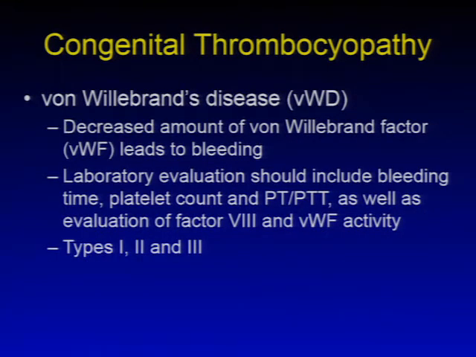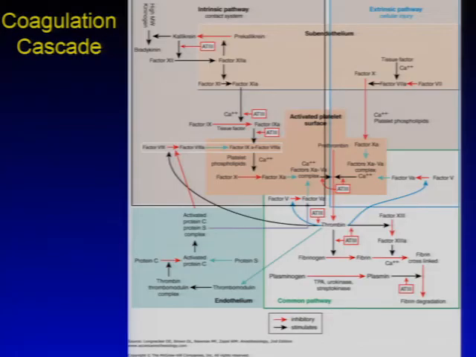In these patients, the decrease in the von Willebrand factor leads to bleeding. Laboratory evaluation includes a lot of the measures of coagulation, such as bleeding time, platelet count, PT, PTT, but also needs to include level of factor VIII and von Willebrand activity, and we'll get to that shortly. Types 1, 2, and 3 again in von Willebrand disease.